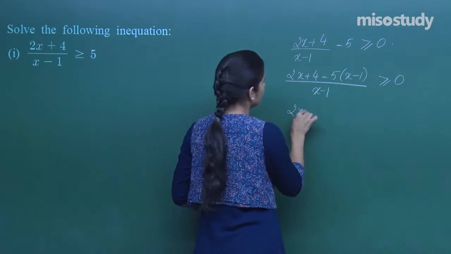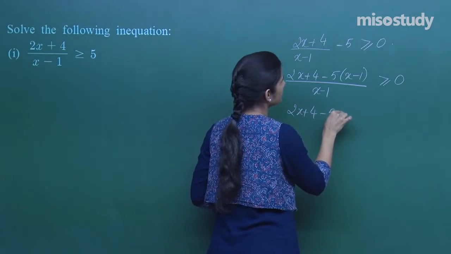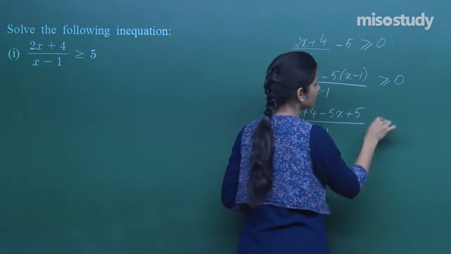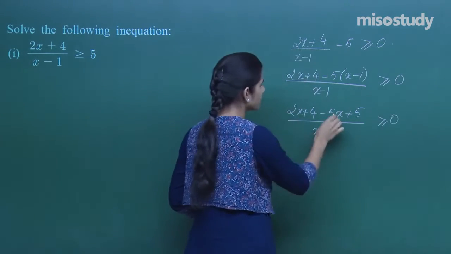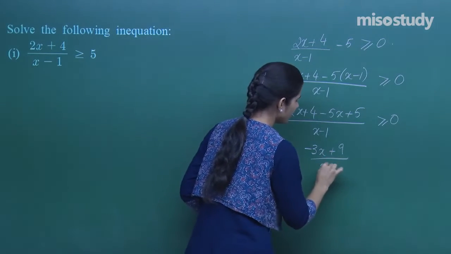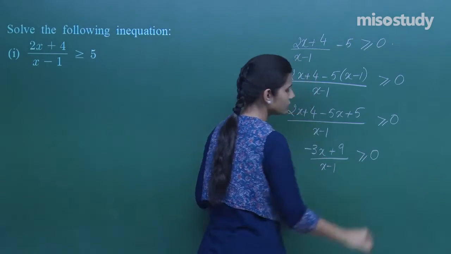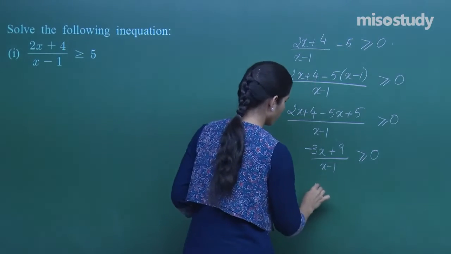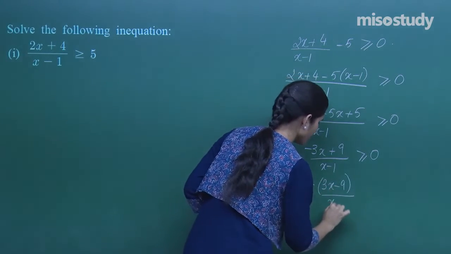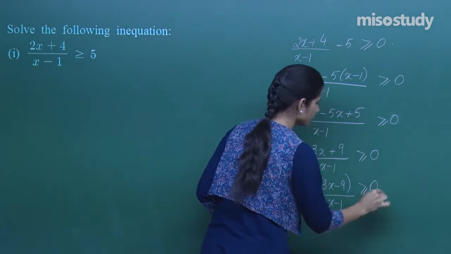2x plus 4 minus 5x plus 5, whole upon x minus 1 is greater than equal to 0. 2x minus 5x is minus 3x plus 9 upon x minus 1 is greater than equal to 0. Or I can just take out minus common: 3x minus 9 upon x minus 1 is greater than equal to 0.